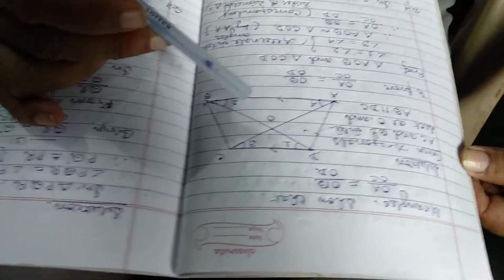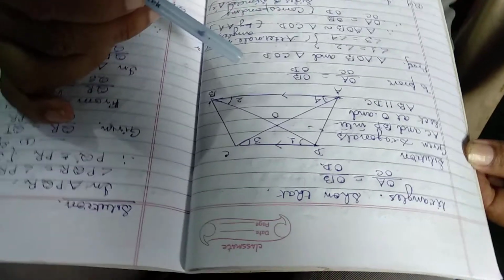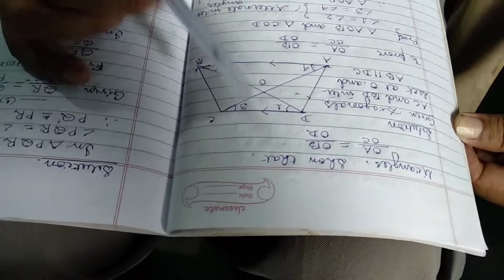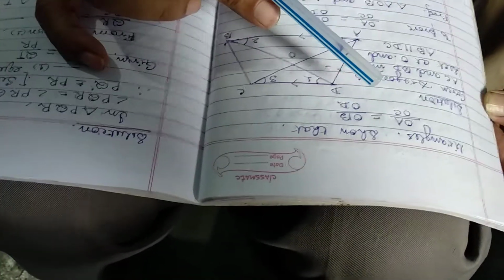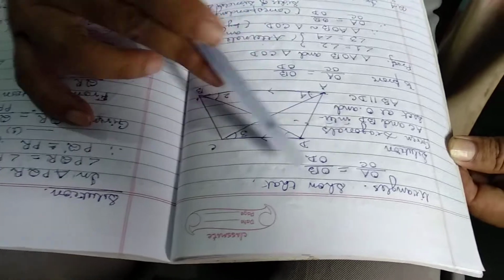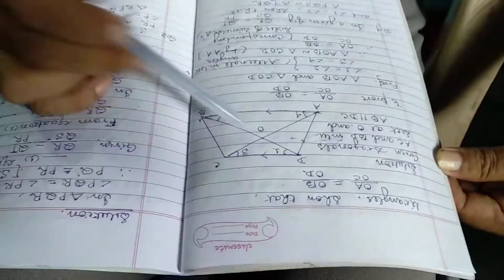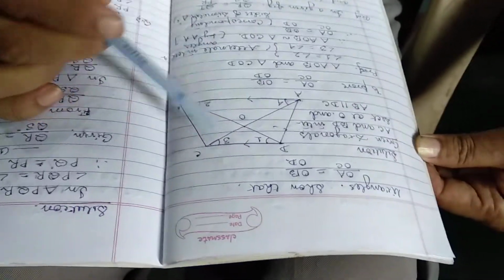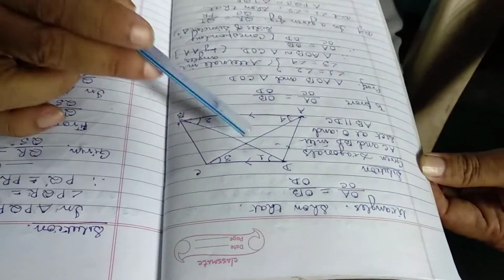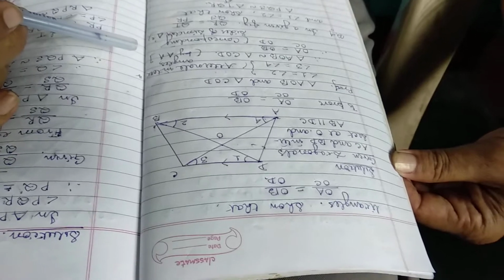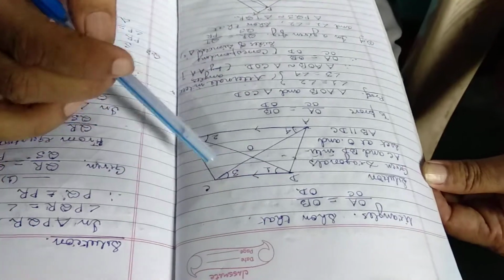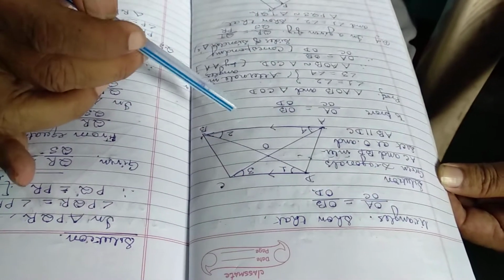You have to take two triangles. You have to see what you have to prove: OA by OC is equal to OB by OD. Now in the figure, check where OA and OC and OB and OD are. Now to do similar triangles, you need two triangles.